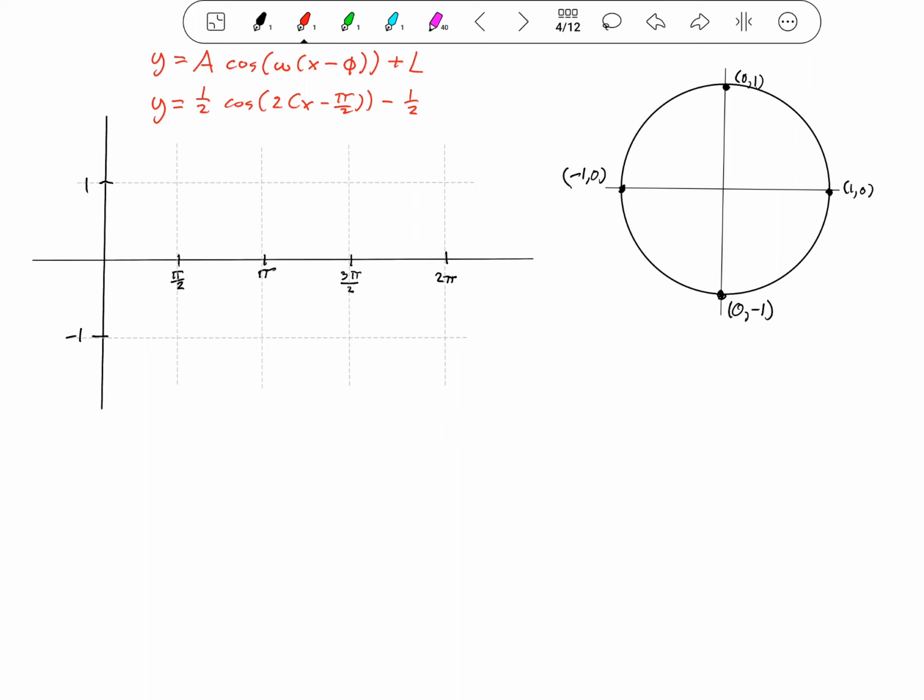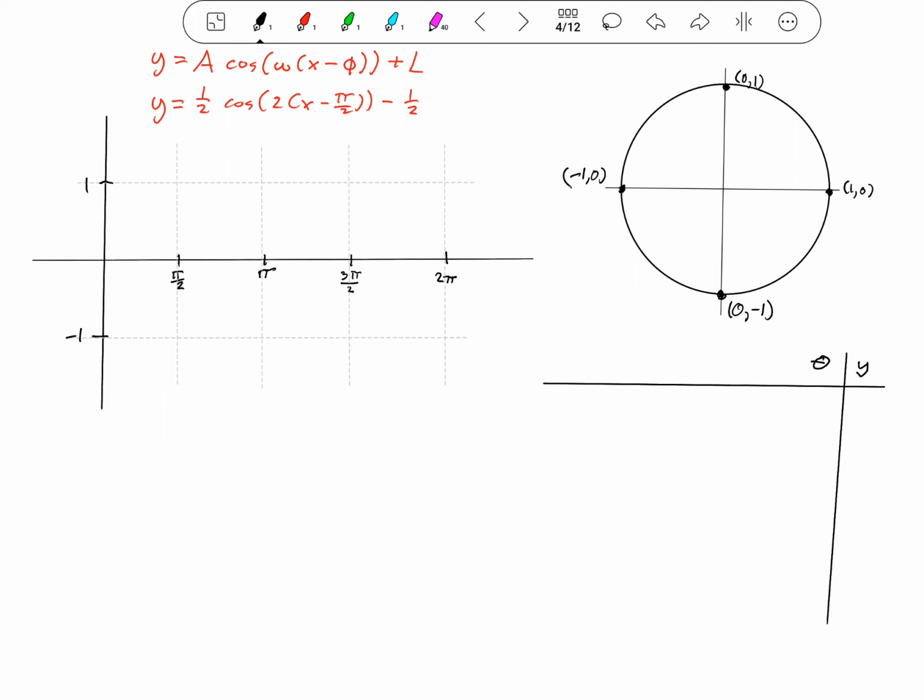If I look at this example, then we're going to build a table. And in my table, I'm eventually going to need to figure out the y values. But before I figure out the y values, I need to come up with the angles that matter the most for me. And those angles really don't ever change.